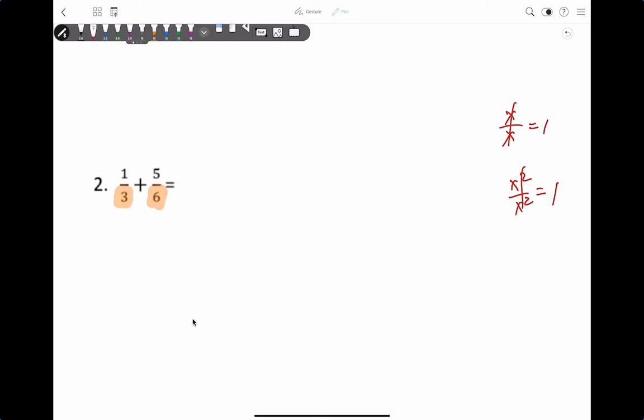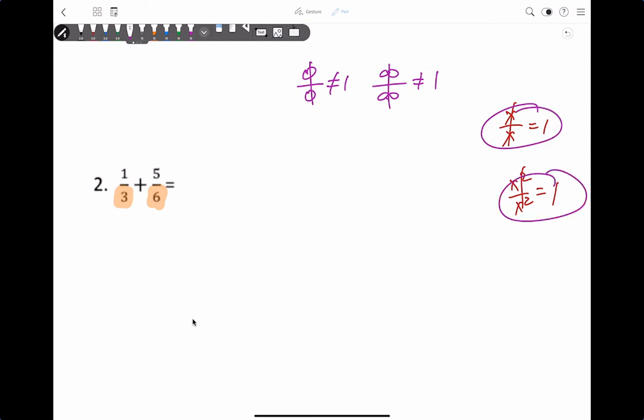Just FYI, the only two that do not cancel to 1 are 0 over 0 and infinity over infinity. Okay, those do not equal 1, and you'll learn that in calculus at a later time. But nonetheless, those do not equal 1. They don't cancel like this to forms of 1.